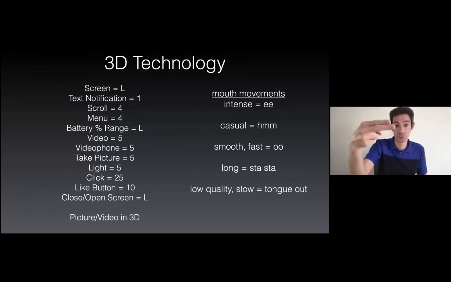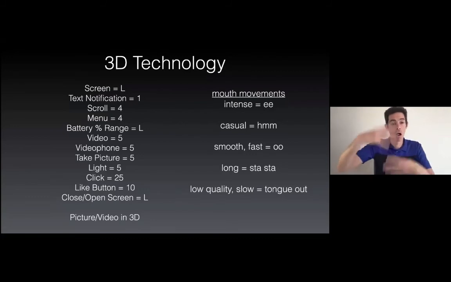Text notification can be a 1 or a 2. Something came up, something showed up on my alerts. Scroll is, I'm typing something, I'm scrolling through with the 4 hands.